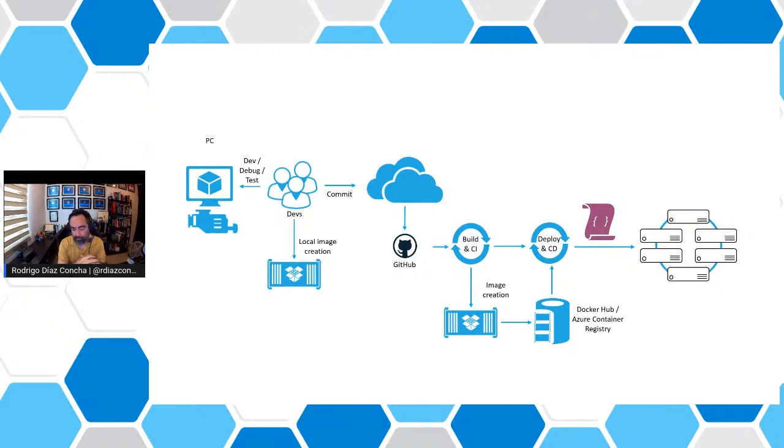Maybe you work with some other peers, you have a development team that you work on a shared code base. And of course you have your PC, right? You have your local environment, maybe you're using Windows, maybe you're using Linux. Actually, it doesn't matter.